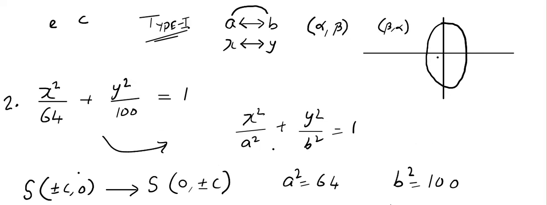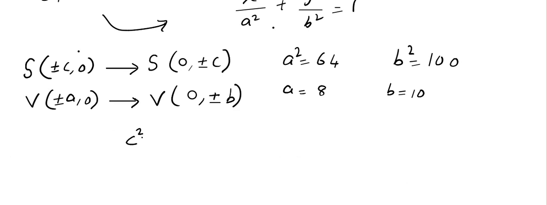Change a into b and b into a. X into y and y into x. And if you ever see a coordinate in the format alpha comma beta, make it beta comma alpha. That's it. We have the relation c square is equal to a square minus b square.